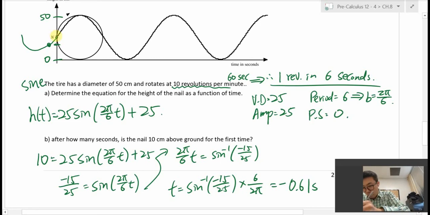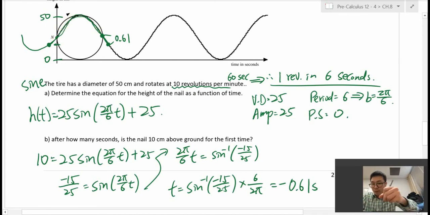So that means from here to here it takes 0.61 seconds, which means the next time it gets to that point is going to be right here. Okay, so from here it's going to go to there, and the next time that it's going to reach that height, this is going to take 0.61 seconds. So now the question is, how long does it take to go from here to here? Well, that's half of the cycle, right?